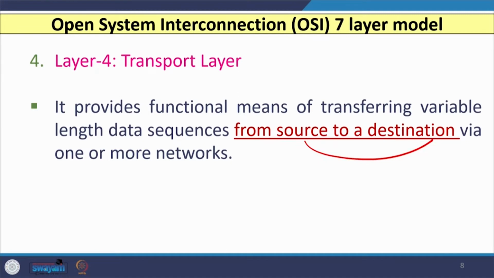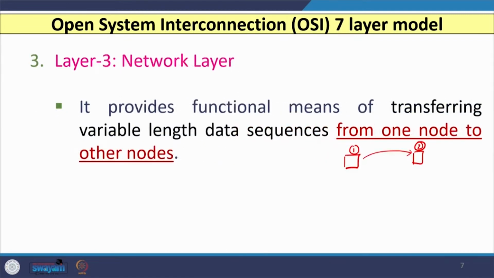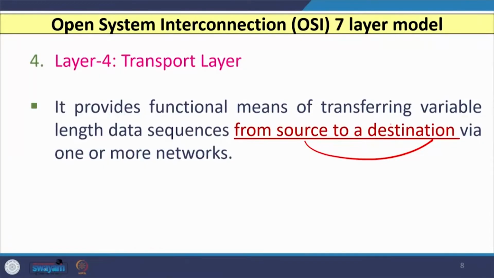The earlier layer, the network layer, provides this from one node to another node, whereas the transport layer serves the same function, but from source to destination via one or more networks.